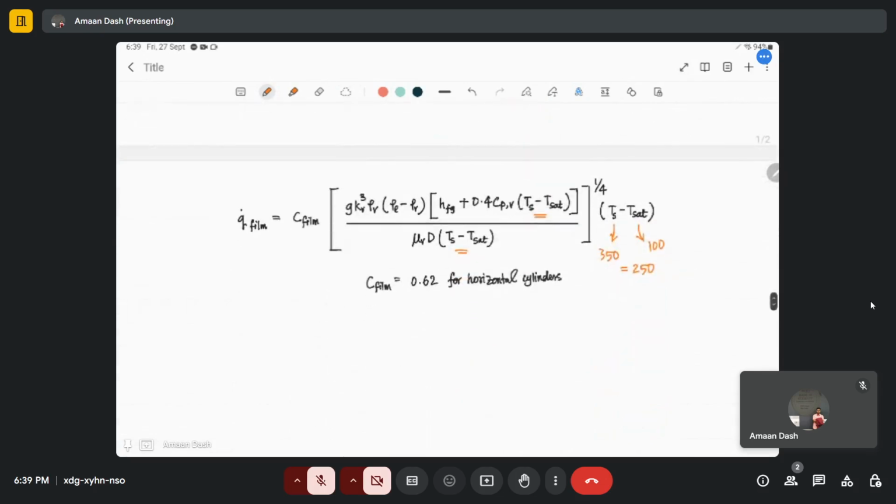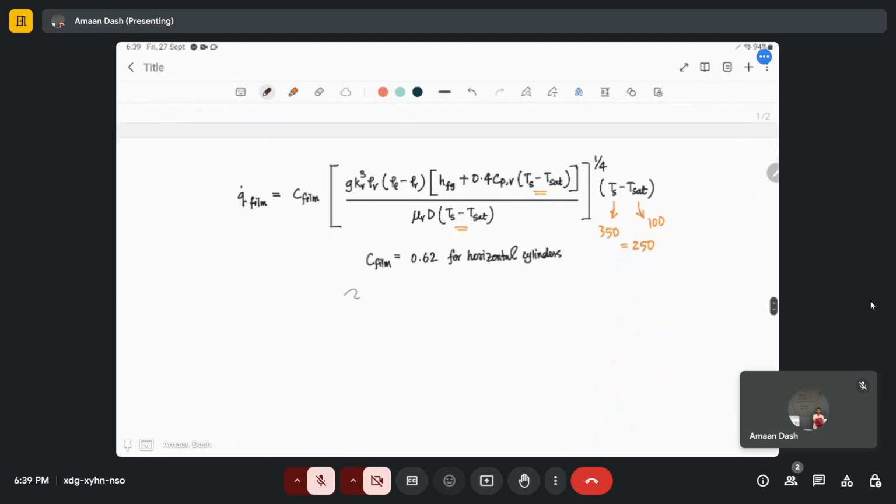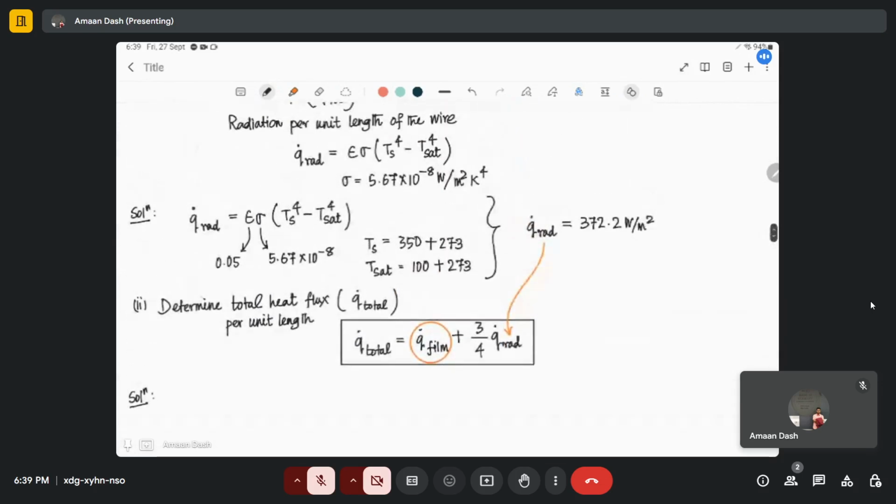You can substitute all the things and then you can get Q dot of film is equal to 5.93 times 10 to the power of 4 watt per meter square.